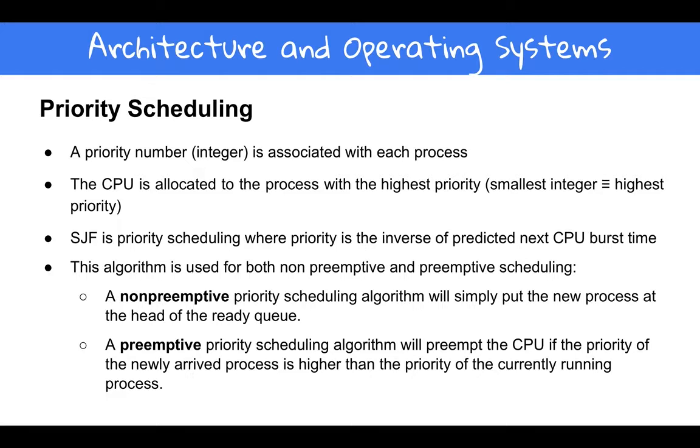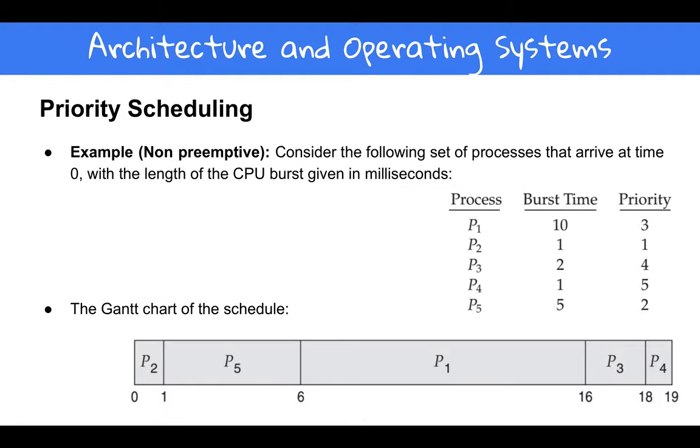So the CPU can stop processes from executing and give the CPU time to other processes with higher priority. So this is the preemptive priority scheduling algorithm, which preempts the CPU if the priority of the newly arrived process is higher than the priority of the currently running process. So let me give you an example for that.